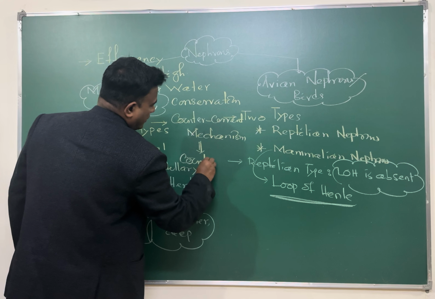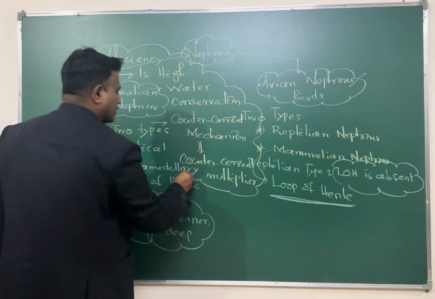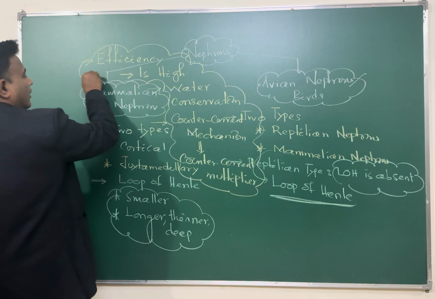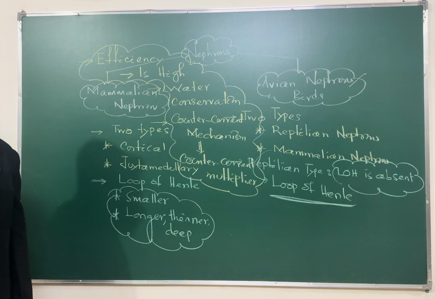This counter current multiplier system is very developed and efficient in the mammalian nephron. So mammalian nephrons are more efficient compared to those of the avians.